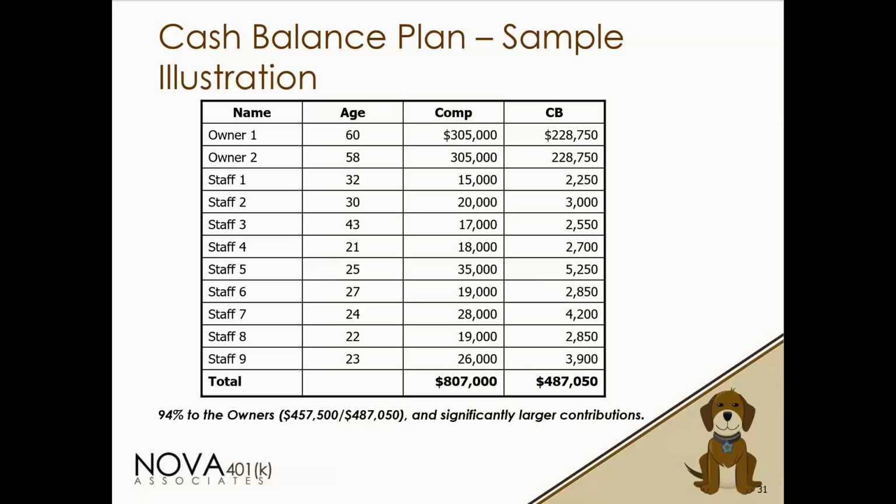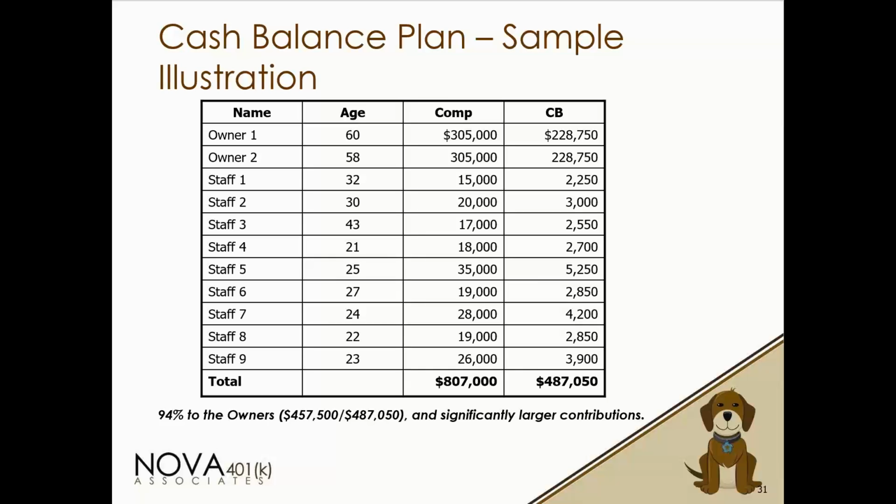So again, you can see the dollars have significantly increased for the owners. The staff is getting more because they're getting 15% of pay, whereas in the new comp plan, they were getting 5% of pay. So the staff cost does go up, but again, we're not limited to the $61,000 for the owner.